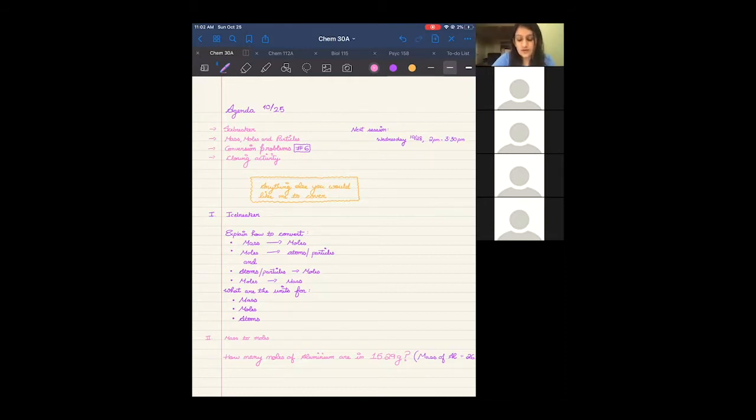Today we're going to work on 6 word problems, like I mentioned here. Just a reminder that my next session is on Wednesday from 2 to 3:30. Other than what's mentioned on the agenda, is there anything you would like to go over?